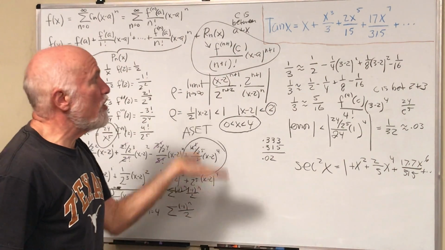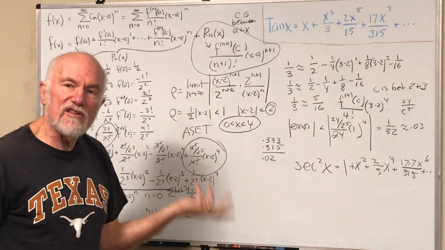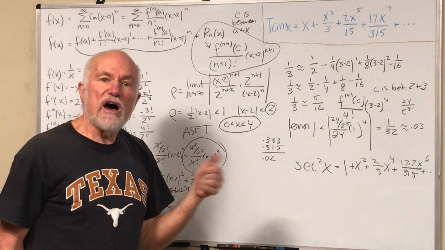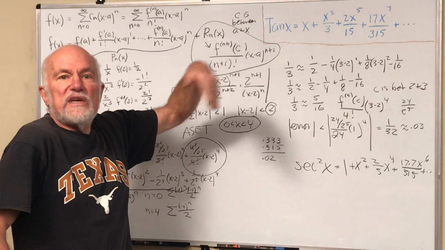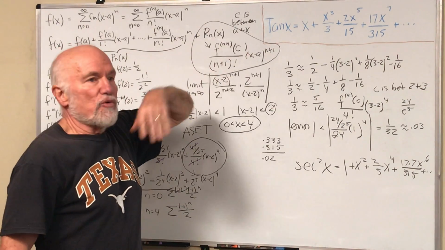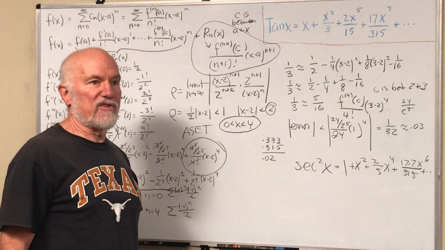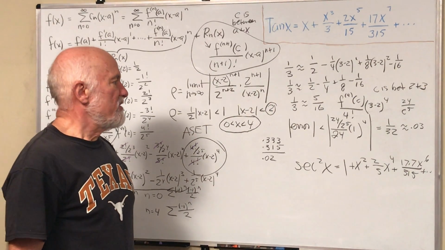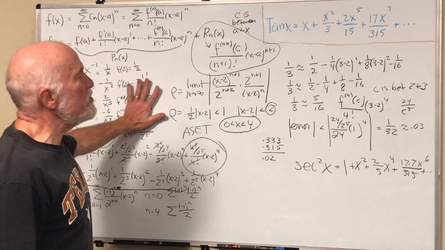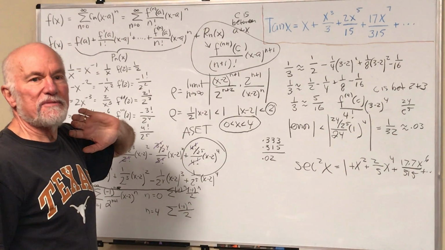It's that simple to go from one to the other. And we practiced some of those in the last couple talks where we take derivatives or antiderivatives or we plug 2x in for x or x squared in for x. So anyway, this is how you do Taylor series.